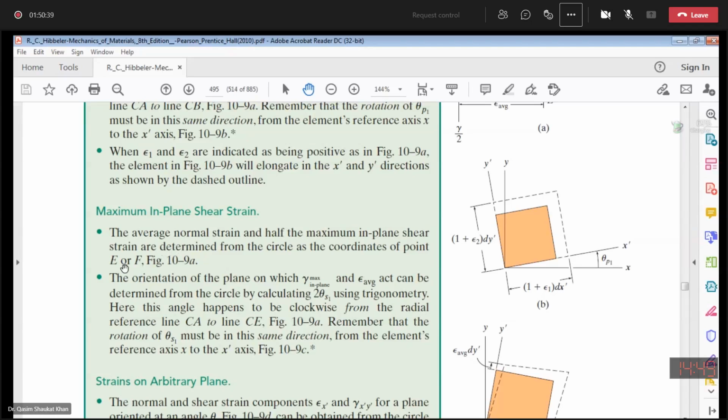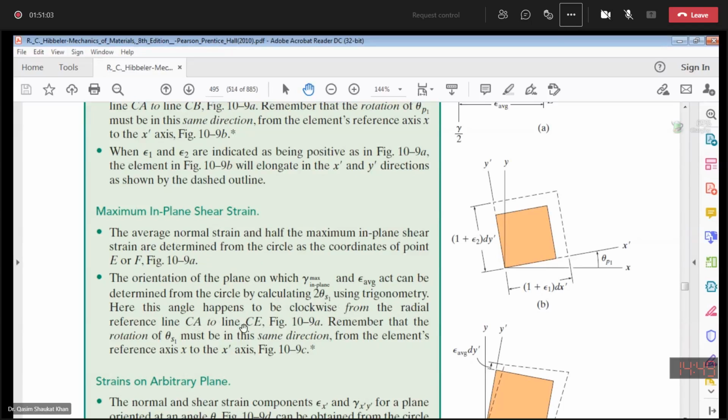The orientation of the plane on which the maximum in plane shear strain and associated average normal strain act can be determined from the Mohr circle by calculating 2 theta S1 using trigonometry. Here, this angle happens to be clockwise, moving from the reference radial line CA towards the line CE.